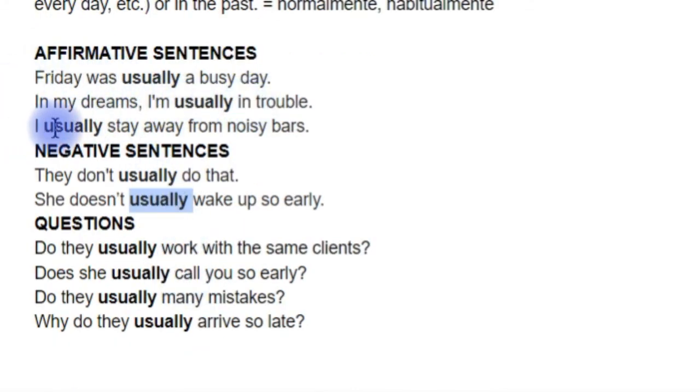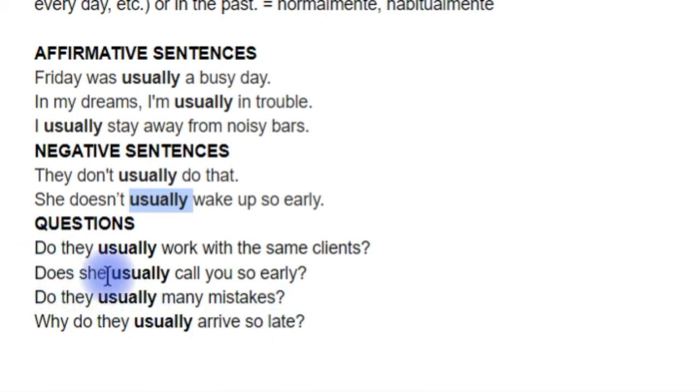I usually, they don't usually, after the auxiliary if we are using a negative sentence or a question: first auxiliary verb, then subject, and then the adverb, and then the main verb. Okay, do they usually, do they always, do they often work? Okay, so that's how the order is.